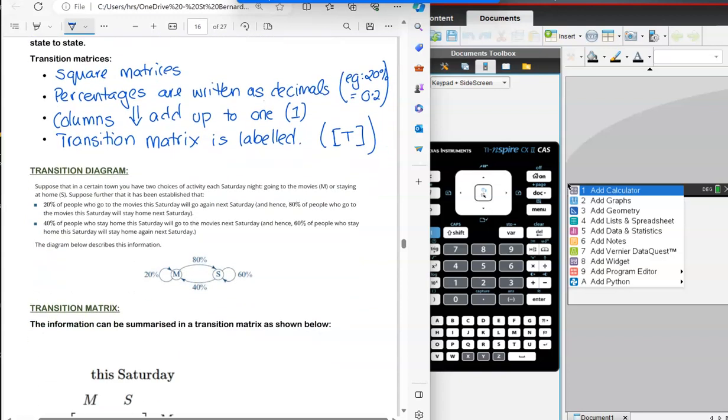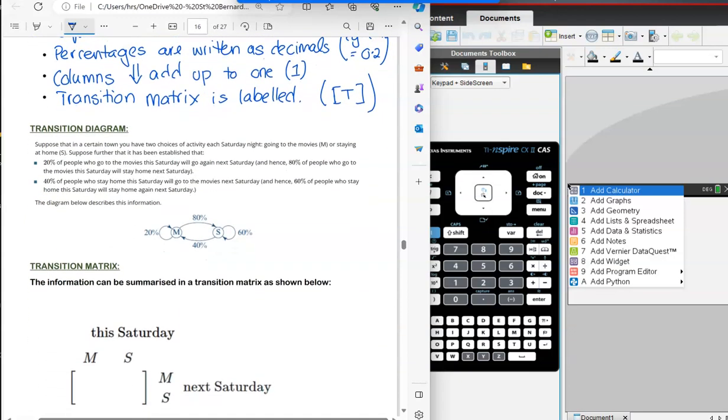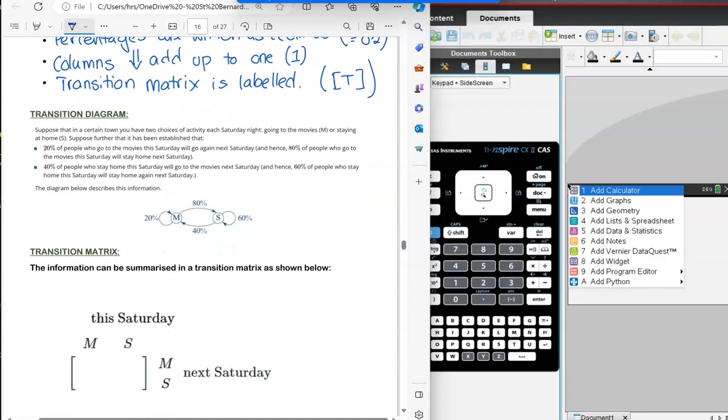All right, so a transition diagram. Suppose that in a certain town you have 2 choices of an activity on a Saturday night, either going to the movies or staying home. Suppose further that it has been established, and this is where they get out some stats, that 20% of the people who go to the movies this Saturday will go to the movies again next Saturday.